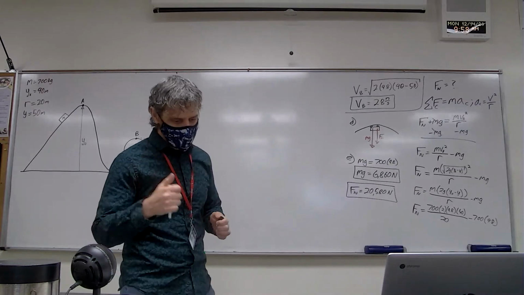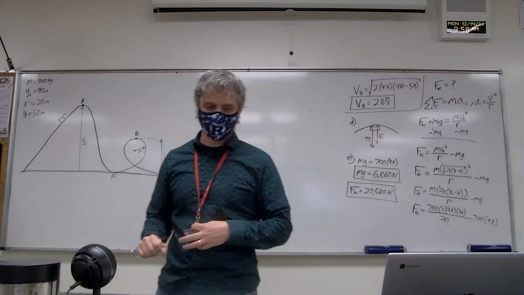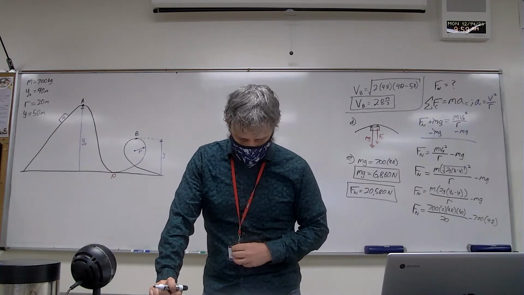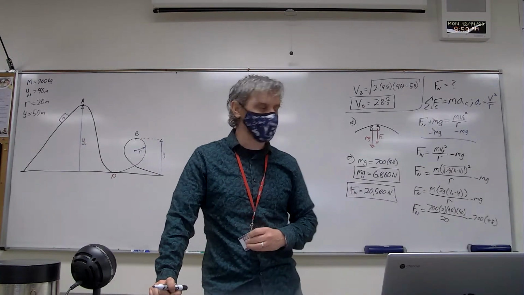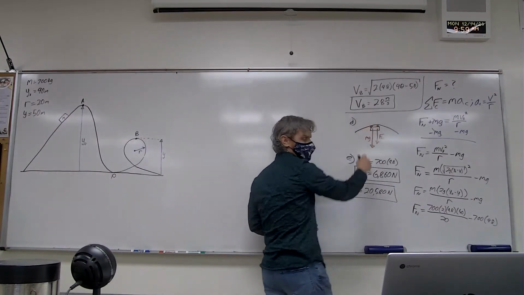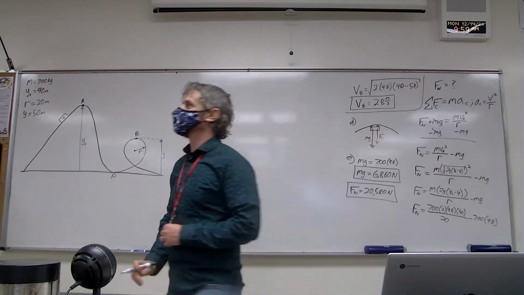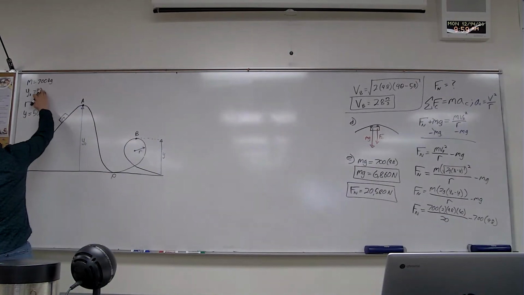And so part F here says, now suppose the friction is not negligible and that for the coaster to reach point B with the speed calculated in B, which is 28 meters per second, point A must be raised to 100 meters. So my initial height now is 100 meters.